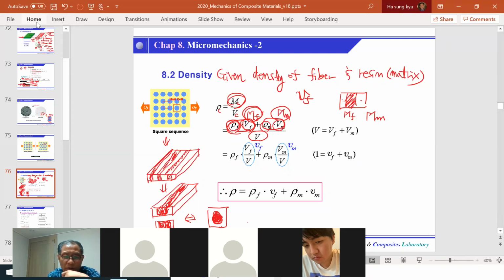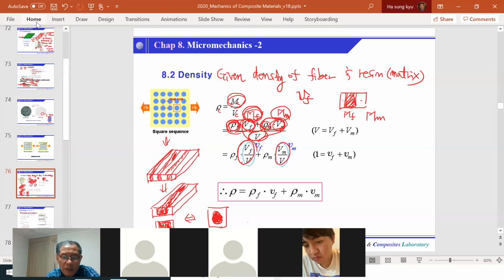Whatever the volume is, volume times density will be the mass of the fiber, and same for the resin or matrix, divided by V. Now, very importantly, V_F over V and V_M divided by V, each one multiplied by its own density.